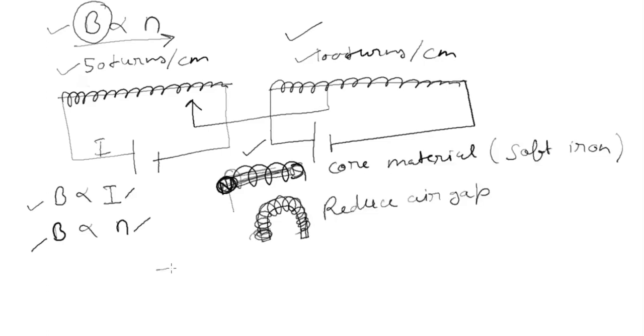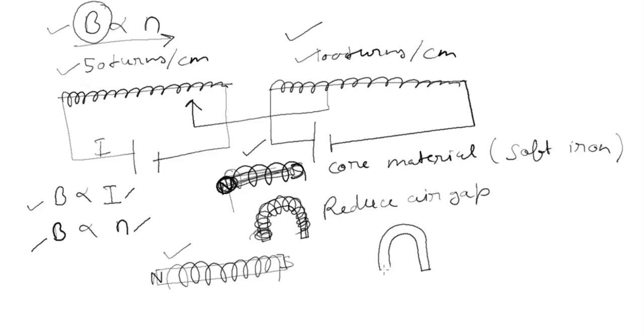So we can see this is the soft iron rod and copper wire was wrapped over it. The distance between the poles was this, and when we bend the same rod in a U shape, we can see the air gap between the poles is reduced.